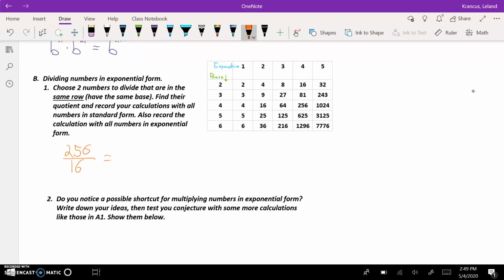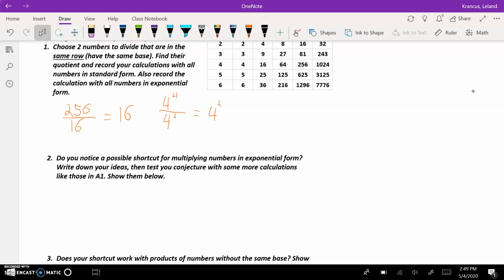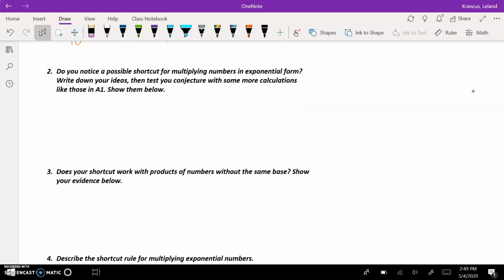And when you do that, you get 16. So I could also write this as 4 to the fourth power divided by 4 to the second power, and 16 can be written as 4 to the second power. So try a few more of those, choosing your own numbers that are in the same row. Again, write down any noticings that you have.